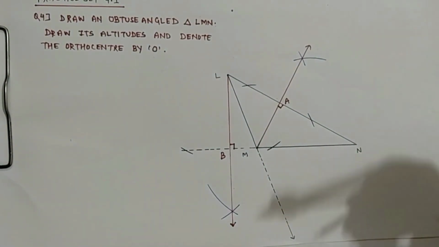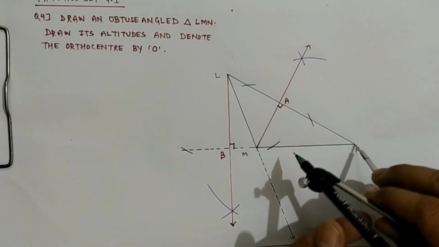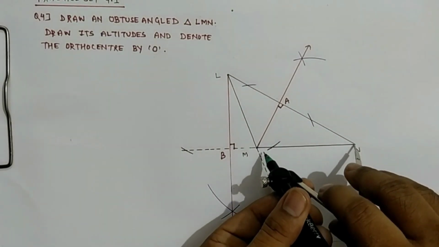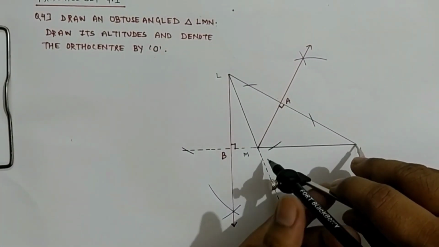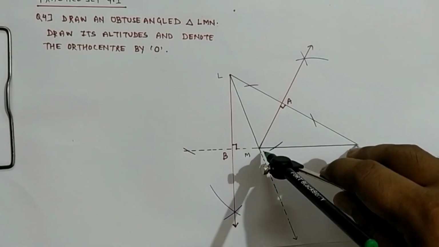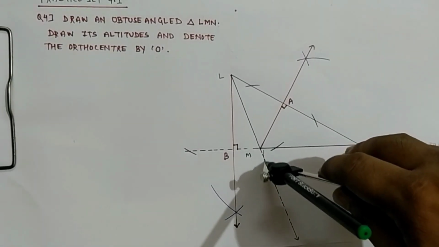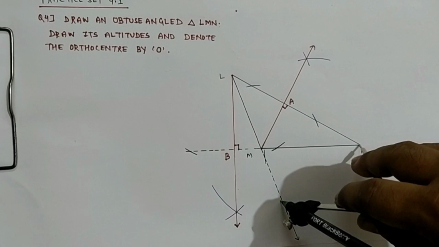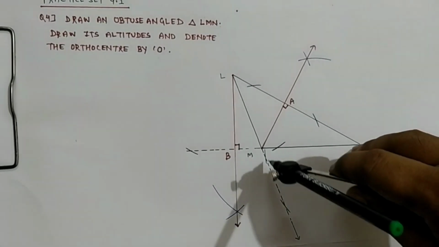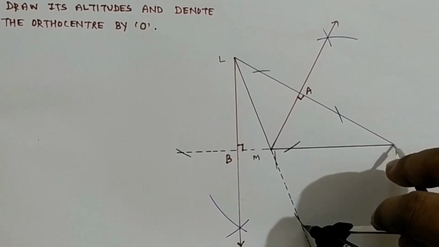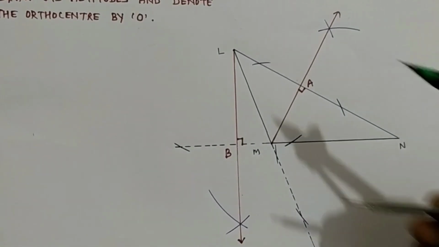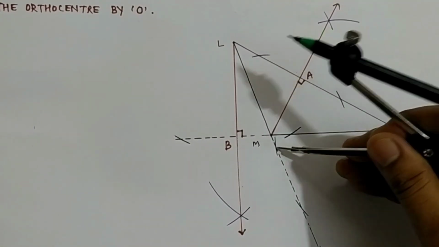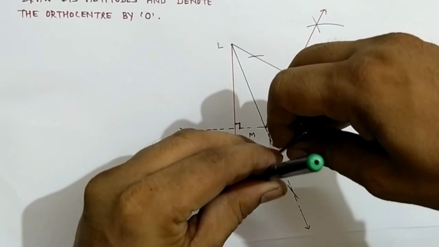Now take the compass on point N, and on this opposite side you are going to cut two arcs. You can see that. So this is 1 and this is 2. Now keep it on the first arc, students. Distance should be more than half.